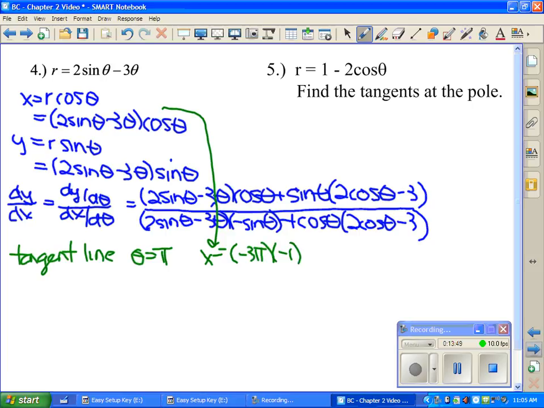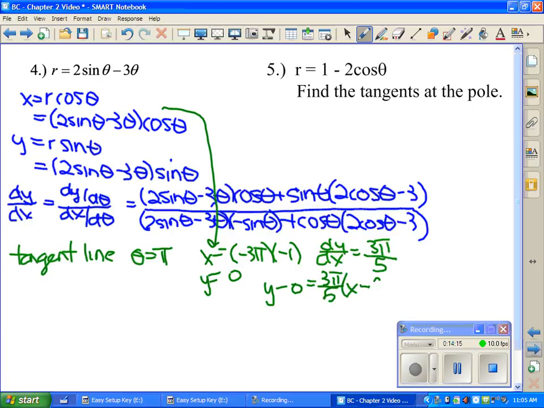Substitute it into your dy/dx equation, and you're going to end up with 3 pi in the numerator, and in the denominator, the first term would be 0, the second term would be 5. So your equation would be y minus 0 equals 3 pi over 5 times (x minus 3 pi).